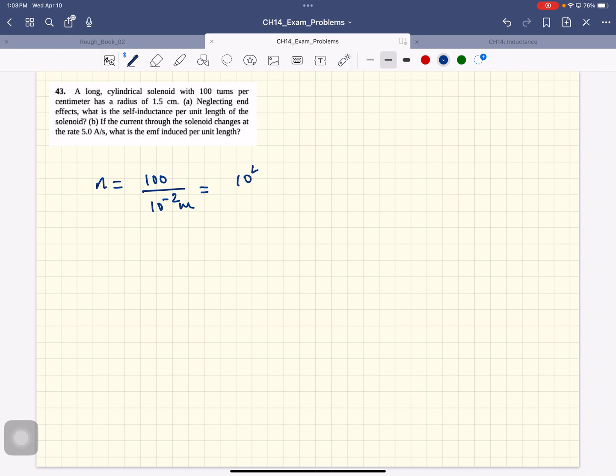So this is 10 to the 4 per meter. So the inductance is mu naught N square A l, and inductance per unit length is mu naught N square A.